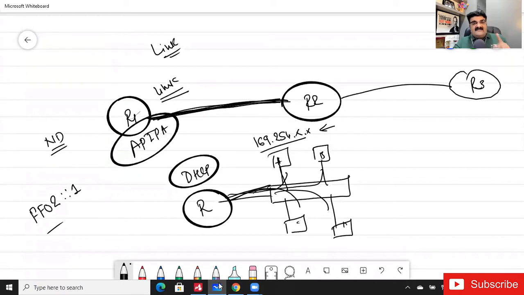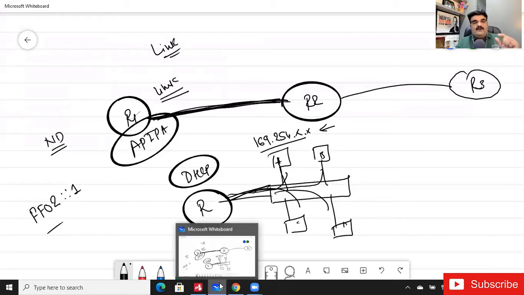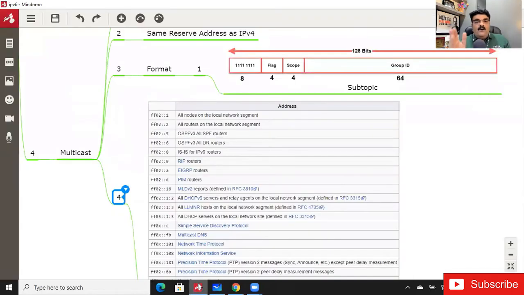This is really useful for the exam, as they ask questions about it. So just comment FF02::1. It is the all nodes multicast address.